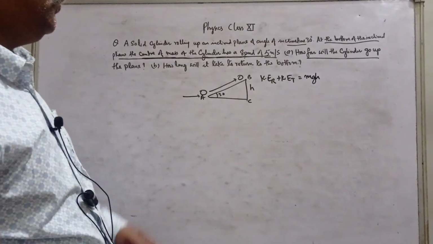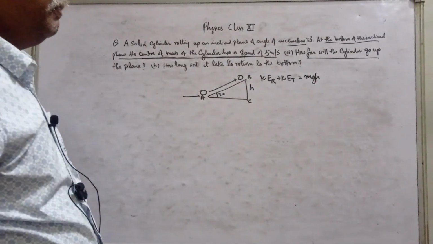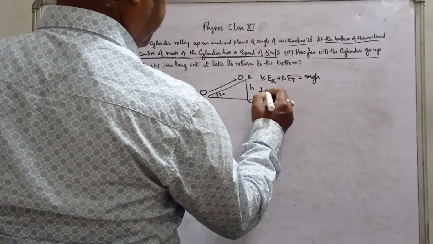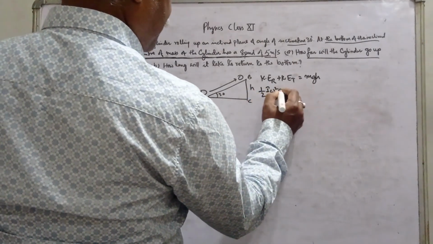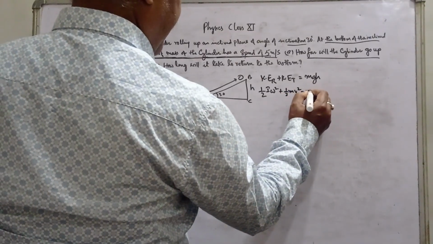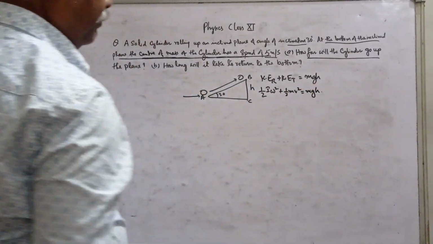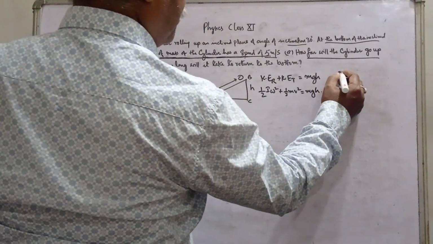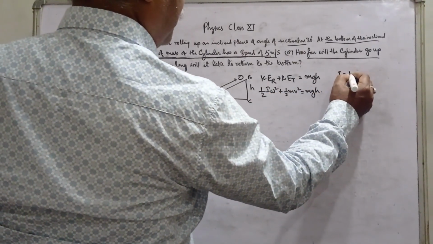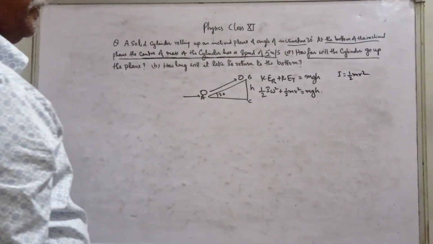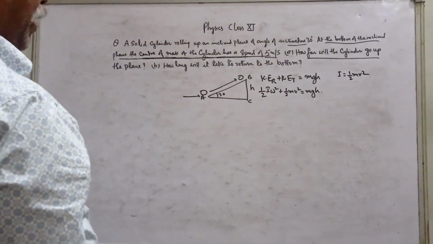Since there is no external force, the energy is conserved. This is half I omega square plus half m v square, which is equal to mgh. The moment of inertia of a solid cylinder is half m r square.